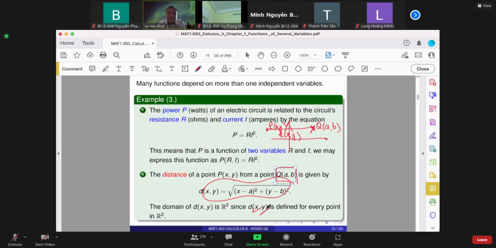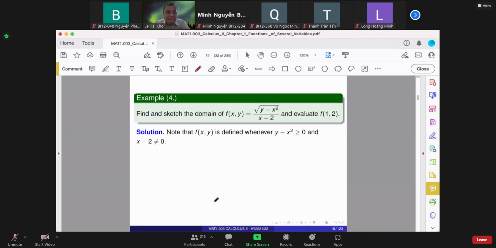The domain means the points x and y at which you can compute the distance to Q. So what is that? Every point on R2. Which means the domain of this function is the whole R2. Okay.